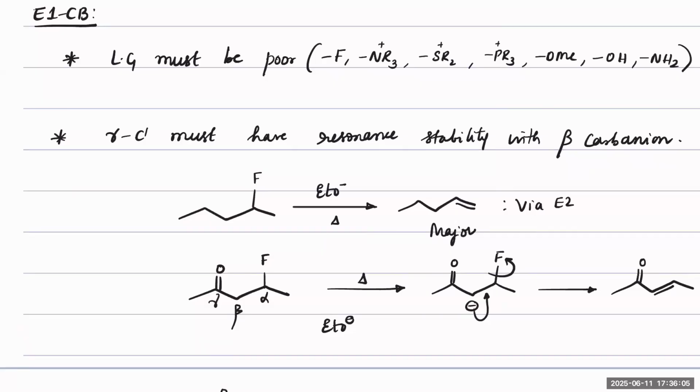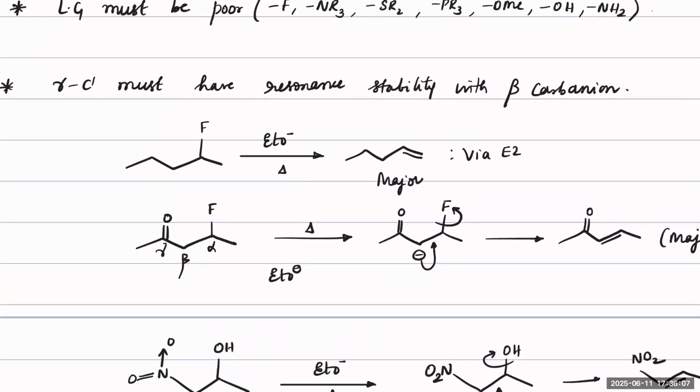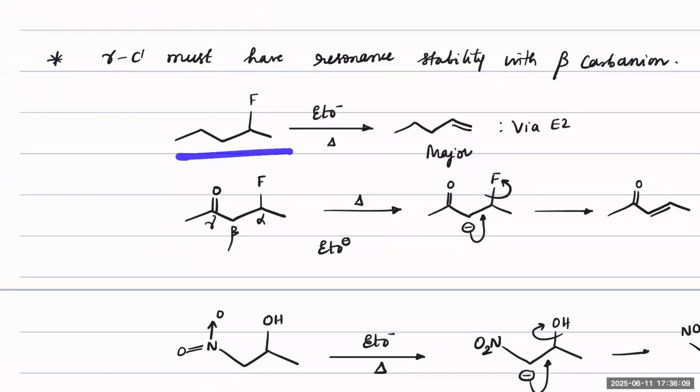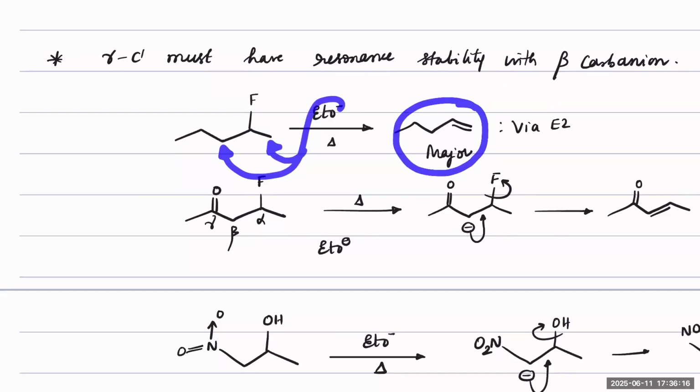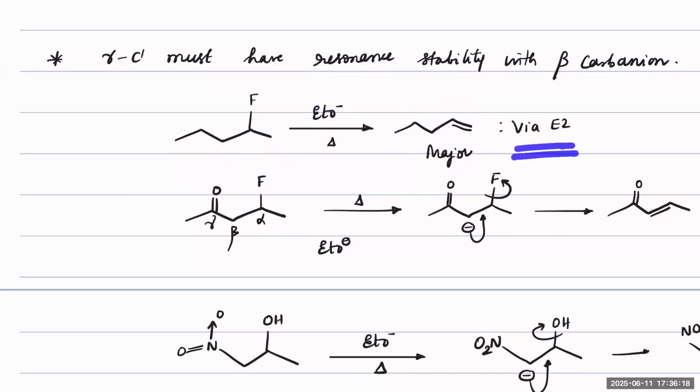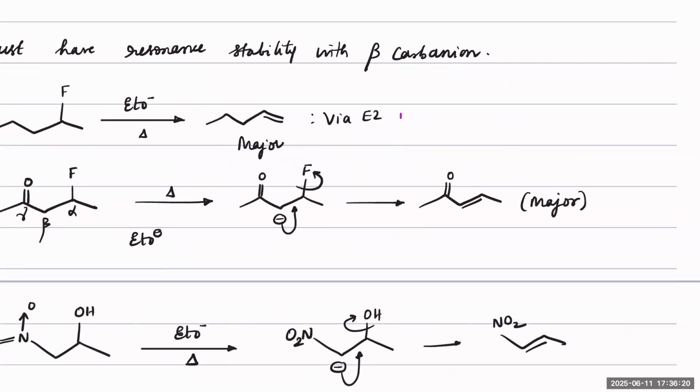Clear, beta? So here, you will notice that this is what I have written. See, ethoxide, if at all it takes H plus from here or H plus from here, you know that Hofmann is major, and this is going to go via E2 with carbanion character, but not complete carbanion formation.